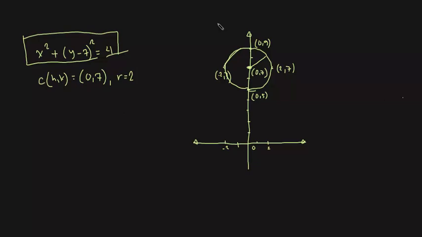What about if we have just this one, x squared plus y squared equals 25?